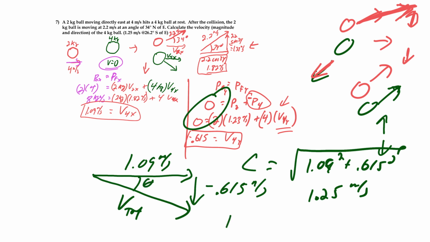Now we also want to get the angle here. So for that we use our tangent function. Theta equals inverse tangent of opposite over adjacent, which is 6.15 divided by 1.09.